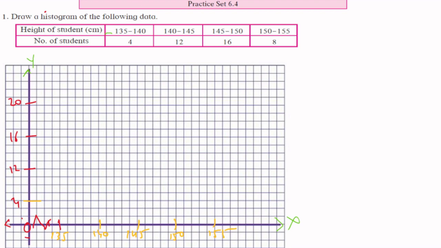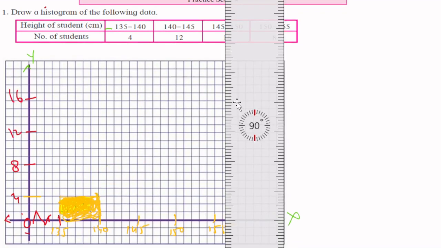Let's see. In this particular class, 135 to 140, we have 4, so this is the 4. Okay, you need to draw the bar. So this is your 135 to 140. We have done 135 to 140. Next, from 140 to 145 we have 12. So how to do it? We have to do the same thing for this also.